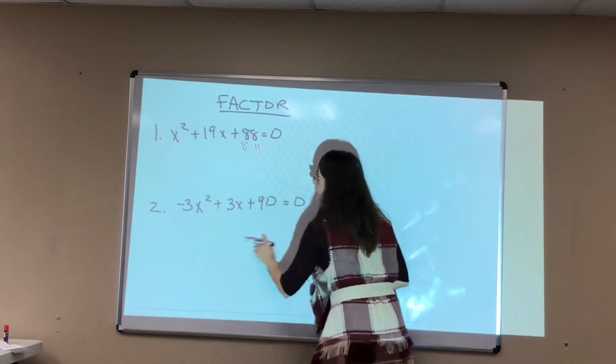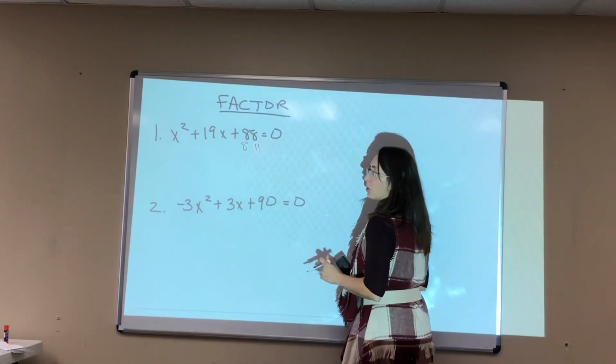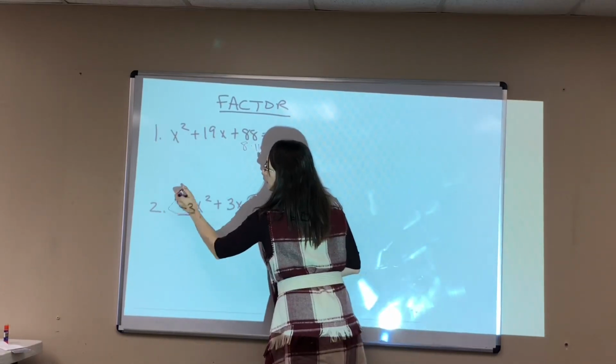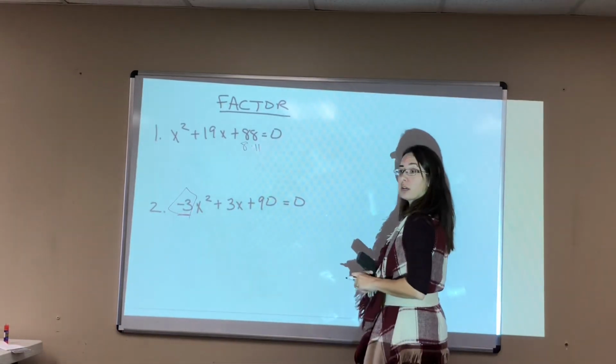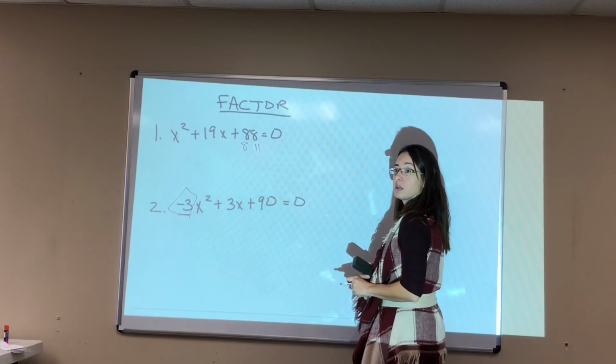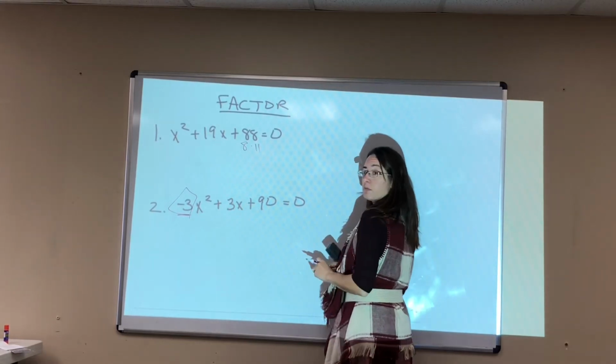Now, this guy, can we factor him as is? No. We want to get rid of the negative 3 first. Could we factor out the negative 3? Yeah. All of them, a 3 can come out of.